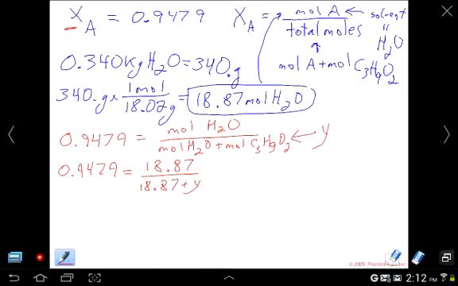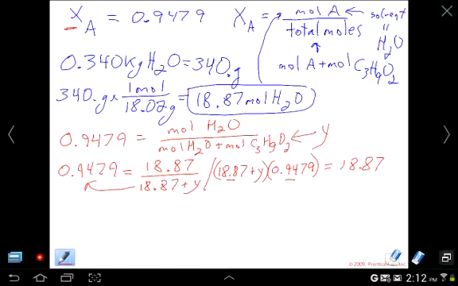And the way we'll do it is we'll first multiply the denominator over to this side. So we get 18.87 plus y multiplied by 0.9479 will equal 18.87. And so if we distribute, we multiply 18.87 by 0.9479 first.